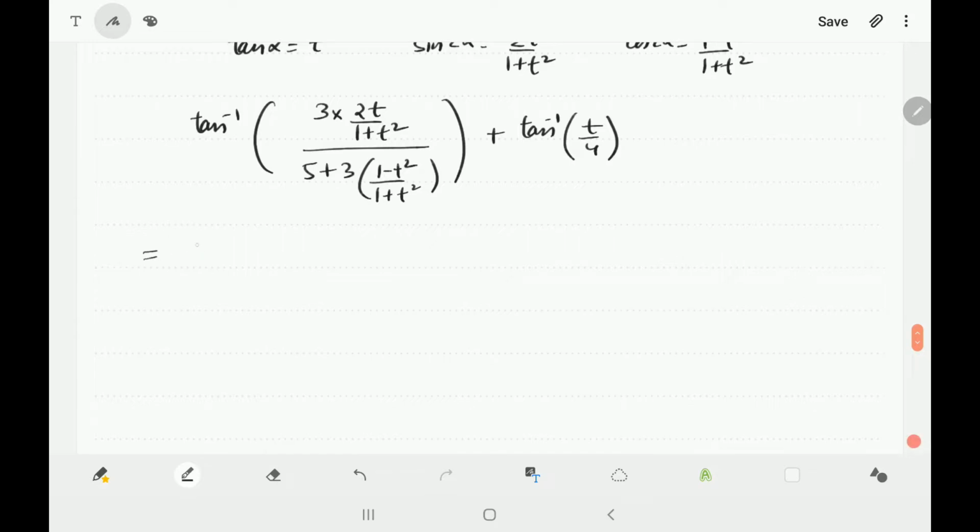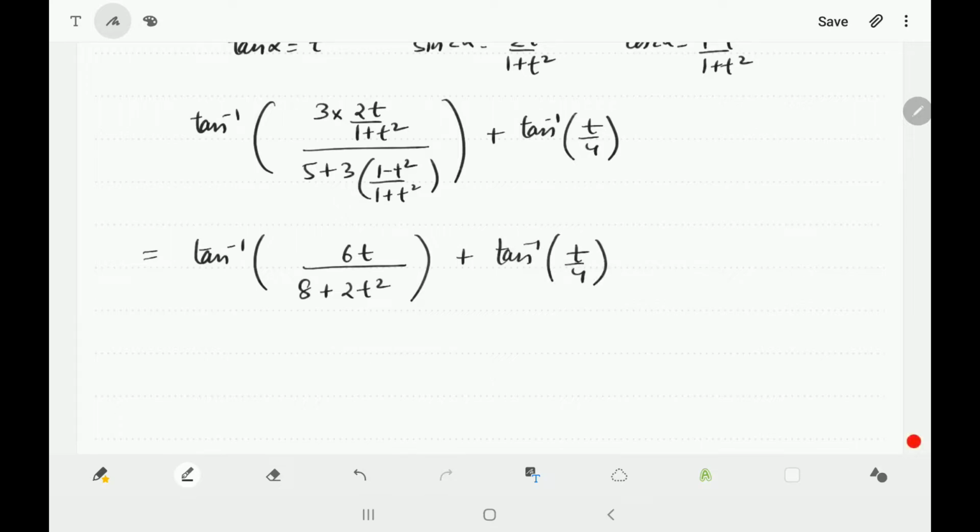On simplification we will get tan inverse of 3 into 2t, which is 6t, and 1 plus t square can be cancelled out in the denominator, so it will become 5 plus 3, 8 plus 2t square, plus tan inverse of t by 4.